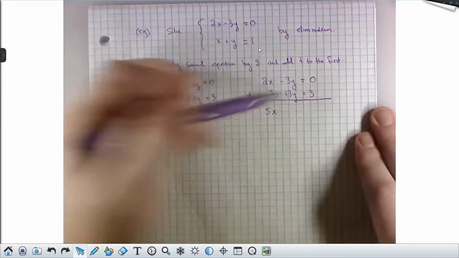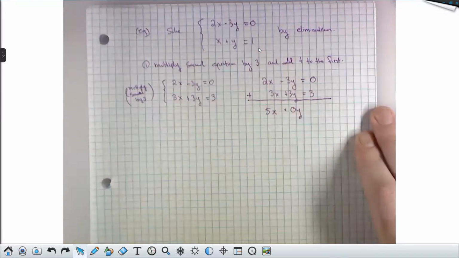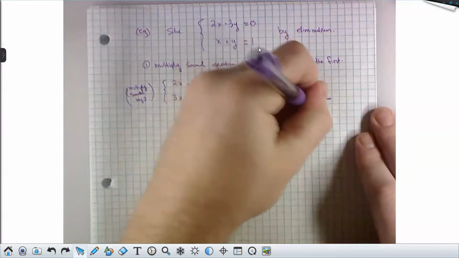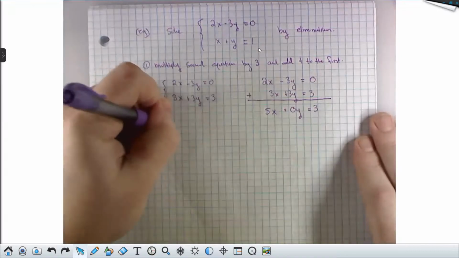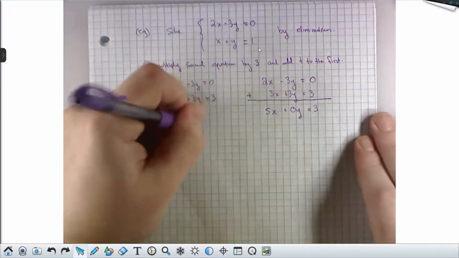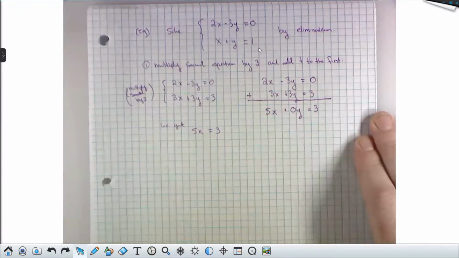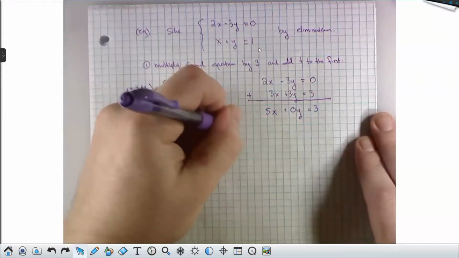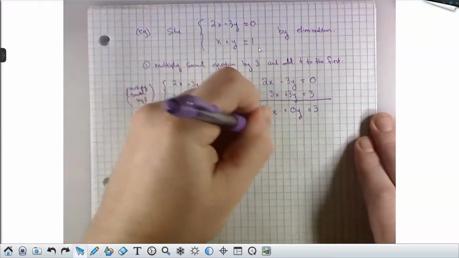Negative 3y plus positive 3y is plus 0y. And 0 plus 3 is 3. We get 5x equals 3, right? 0y is 0. The y's go away. And this means x has to be 3 over 5.